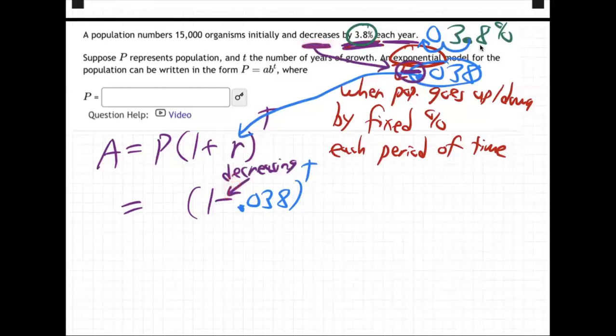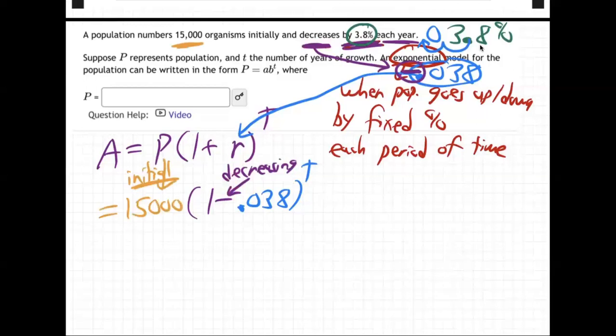Now what's the P? The P is the initial amount, and that is the 15,000. So we have 15,000 in the front, and now let's subtract these on your calculator.